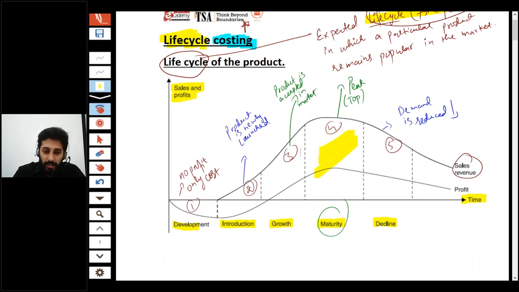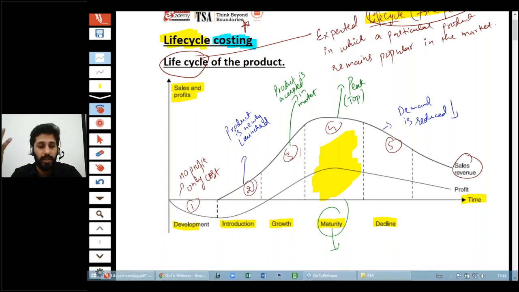This is a very critical stage. In this maturity stage, organizations should bring something new in their product or services. I can give you a live example. We all are using WhatsApp, and there are regular updates in WhatsApp. WhatsApp is kind of a market leader in this communication era, because it is easy to communicate anywhere, anytime.